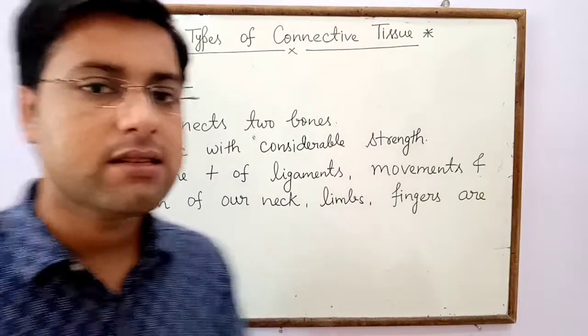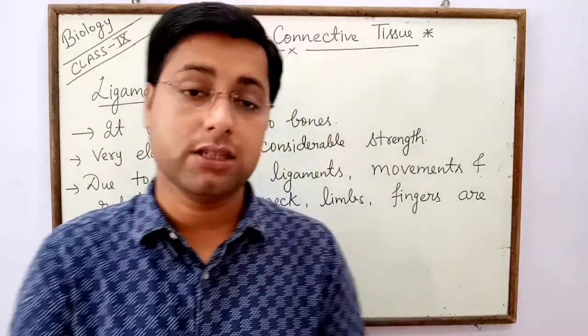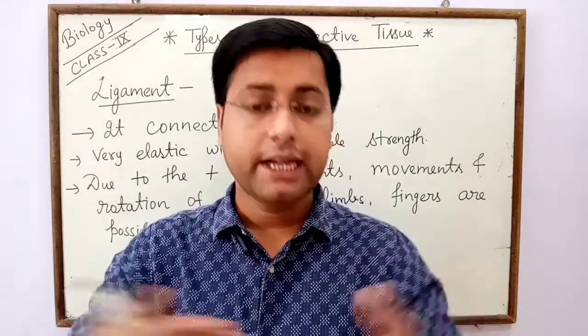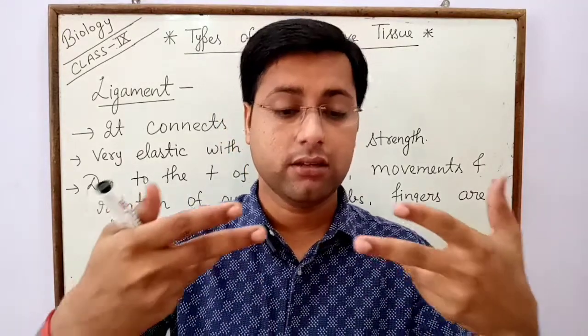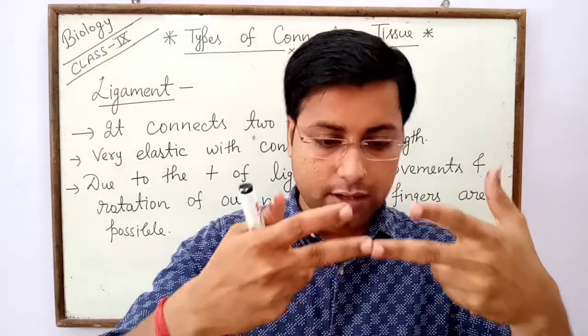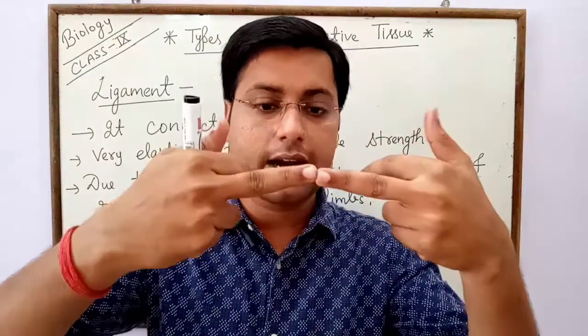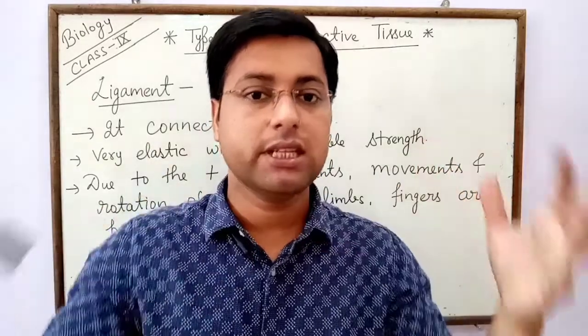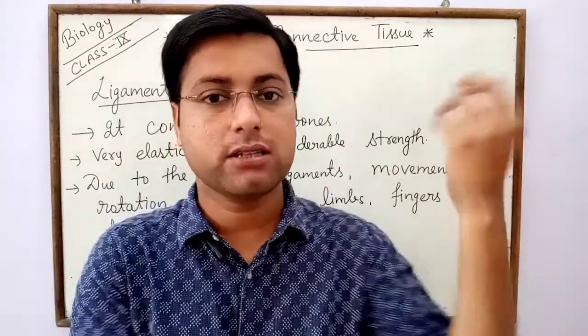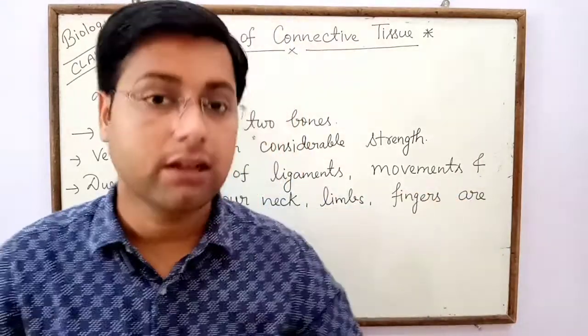Now the next is ligament. Ligament is also a type of special connective tissue and it helps to join the bones at the joints. Joints are the places where two bones are attached to each other. There are many joints in our body, such as elbow joints, shoulder joints and the limbs.